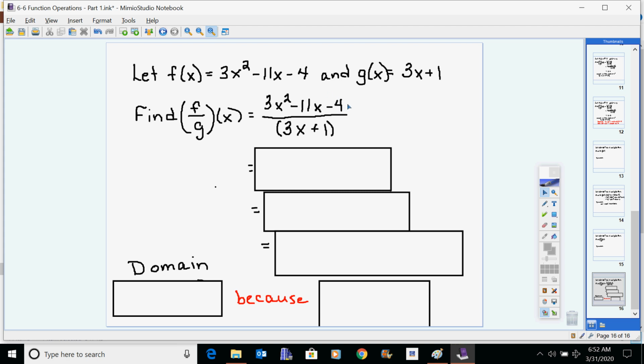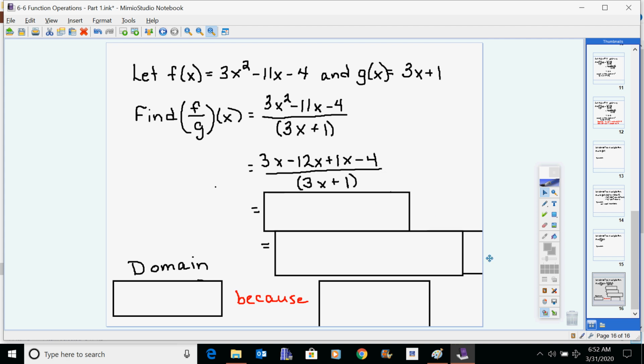And the factors of negative 12 that when you add them give you negative 11 are negative 12 and 1. So we would break this down into negative 12x and 1x. Then you can group them.